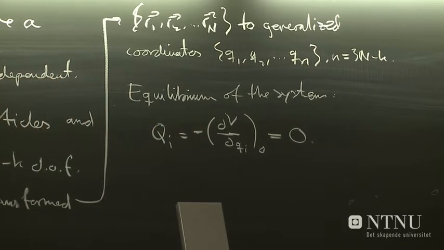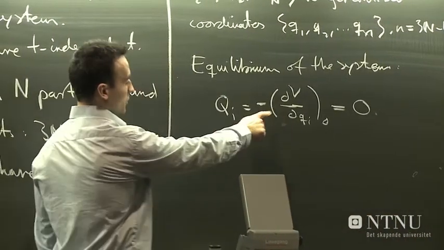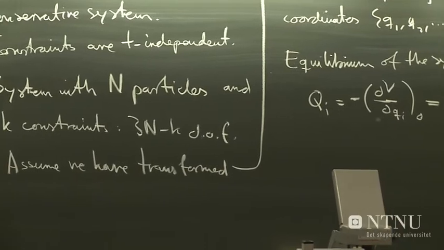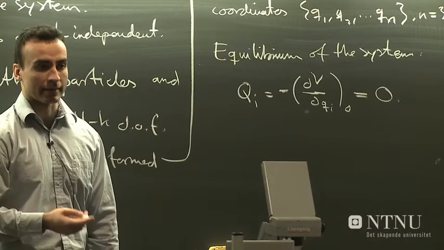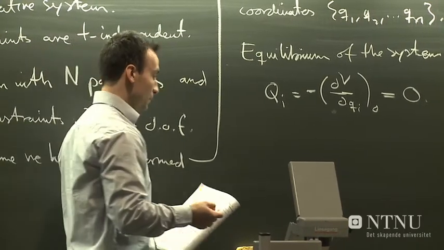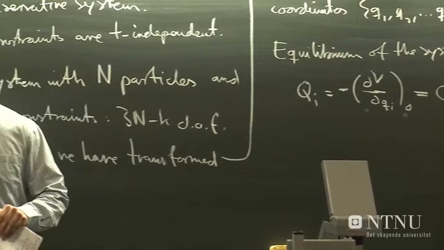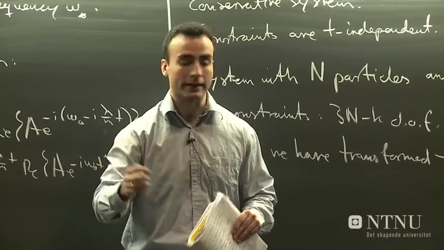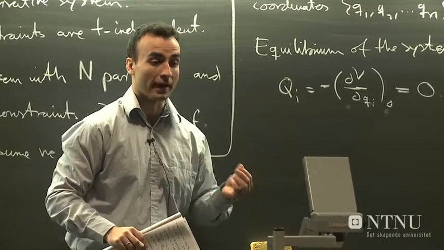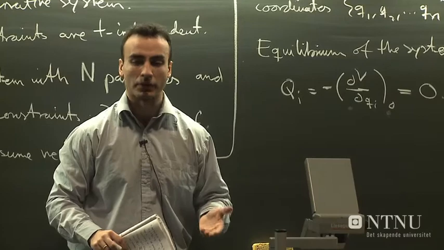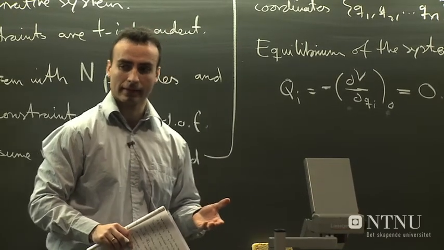The generalized force acting on each particle i, which is provided like this, the partial derivative of the potential with respect to the generalized coordinate qi, should be equal to 0 in the equilibrium state. And this 0 here indicates that we have to evaluate this derivative at the generalized coordinate value of this equilibrium state. Do you see how I mean? Okay.